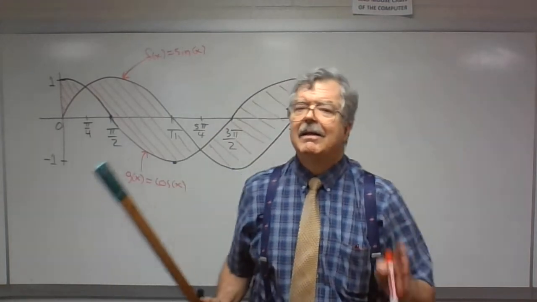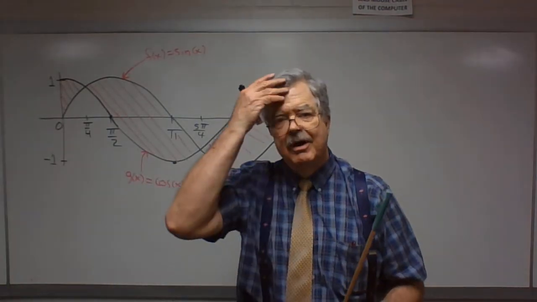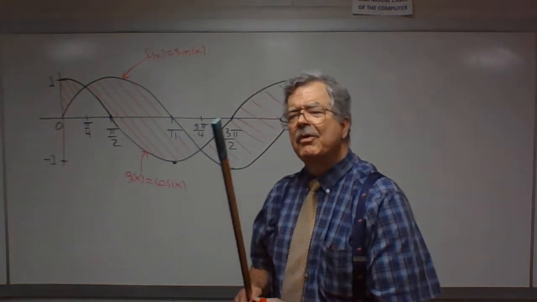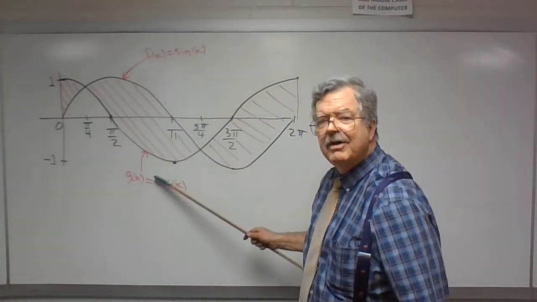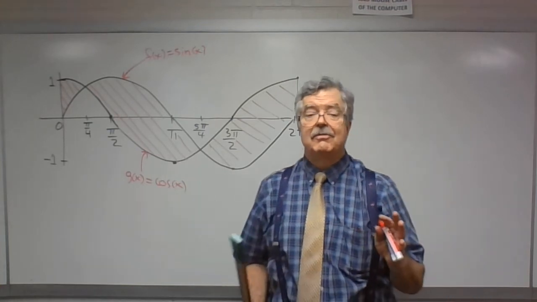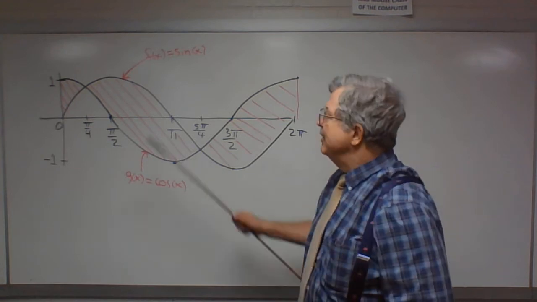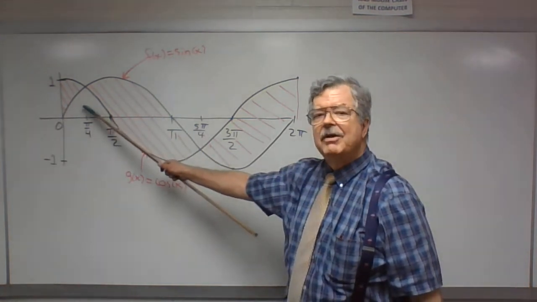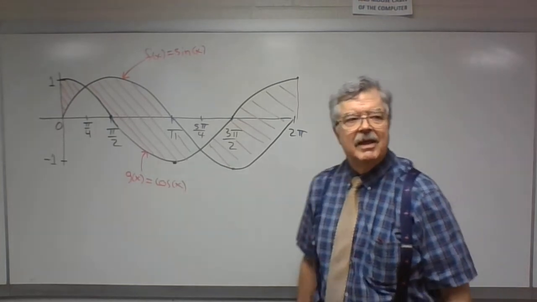Okay. That's what our problem was. If we had drawn a graph of sine of x and cosine of x before we used the formula, we would have seen that sine of x is not the greater function throughout the interval from 0 to 2 pi.